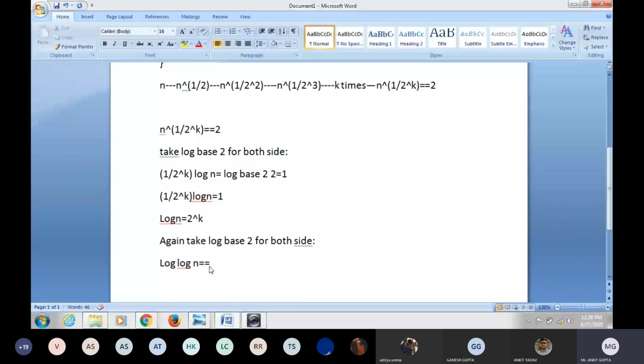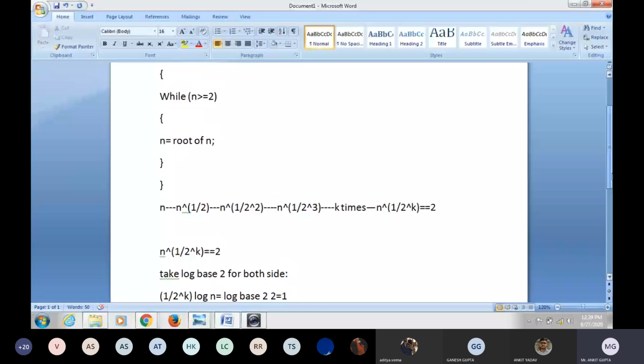So here k is the complexity. K is equal to log n I am getting. So I can say that the time complexity of that code is order of log base 2 n. Did you get this till now? All of you get this complexity?